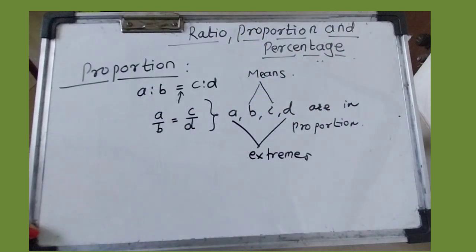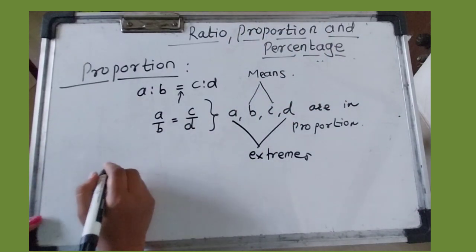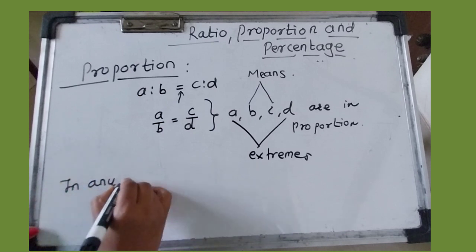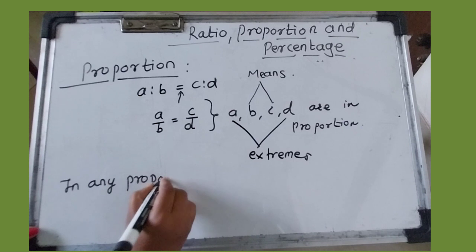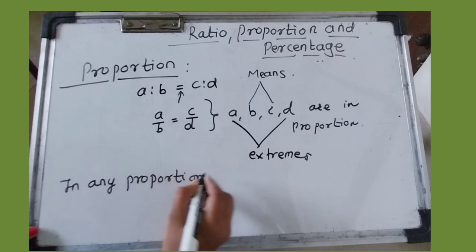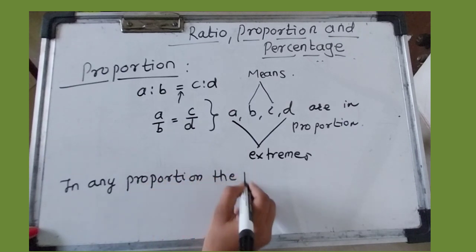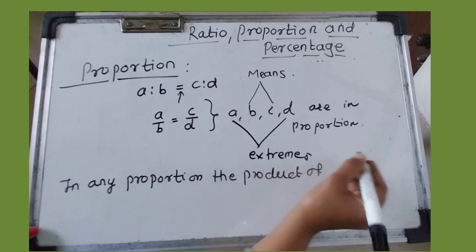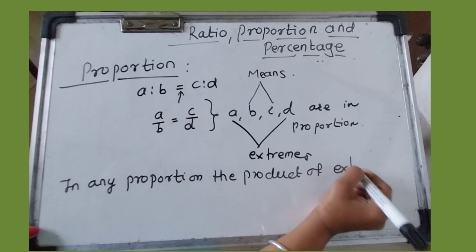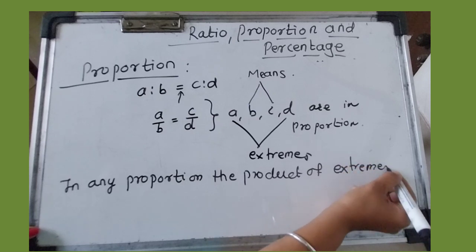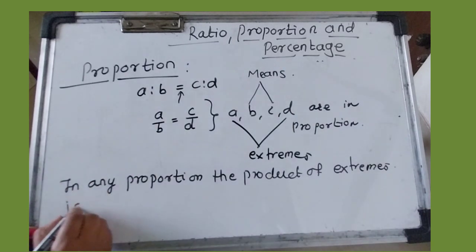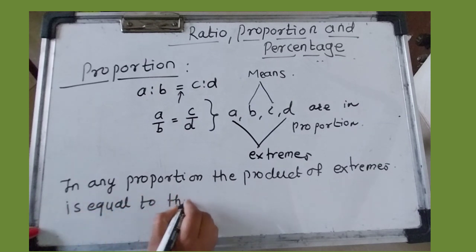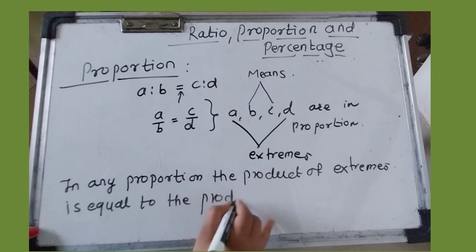So, in any proportion, the product of extremes is equal to the product of means.